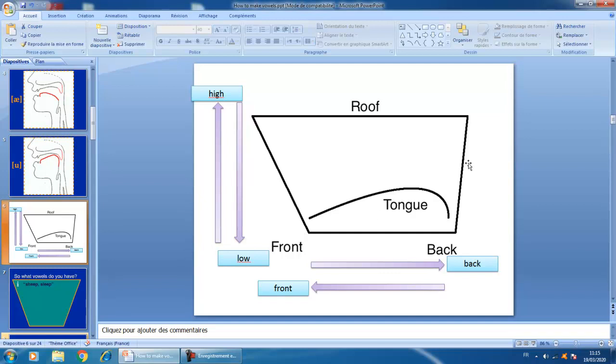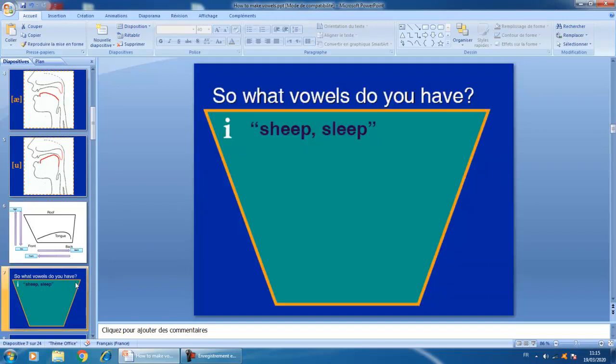And we have some other vowels that are in between. They are called mid vowels. This is what we're going to see here. Look, this is where we locate the English E, as in sheep, sleep. This is the long one, sheep, sleep.